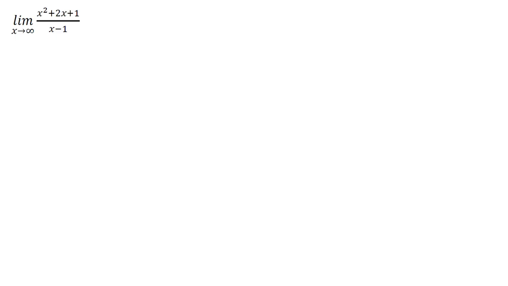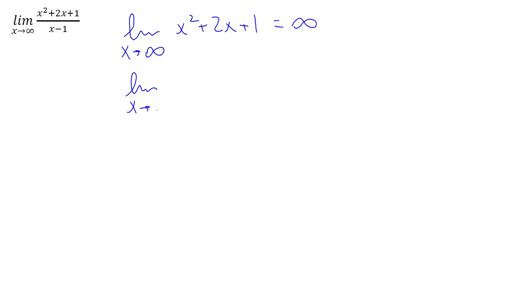All right, for our next one here, that's another infinite one. We'll note that the limit as x approaches infinity of x squared plus 2x plus 1 is infinity, and that the limit as x approaches infinity of x minus 1 is also infinity.